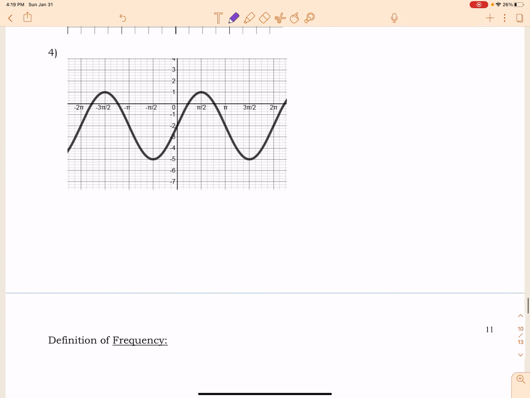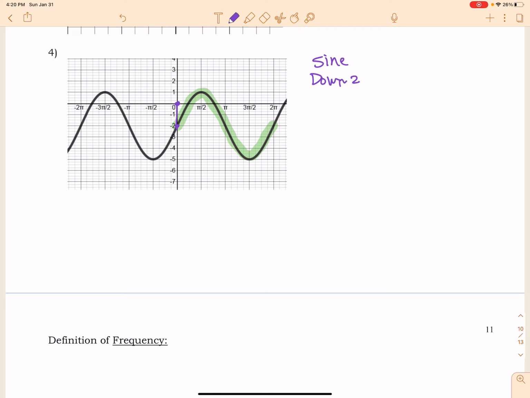All right, so example 4. So let's look at this one. For this one, let's say that I'm going to use the sine graph. That's what I see. I see the sine function, okay? So I'm going to use sine, and it looks like it has moved from the origin down to negative 2, so down 2.